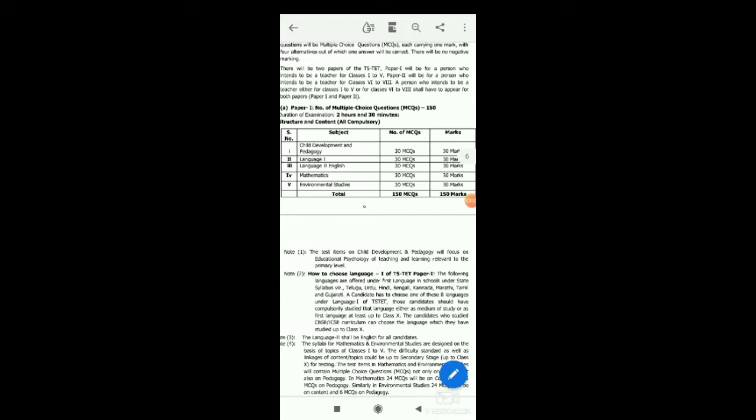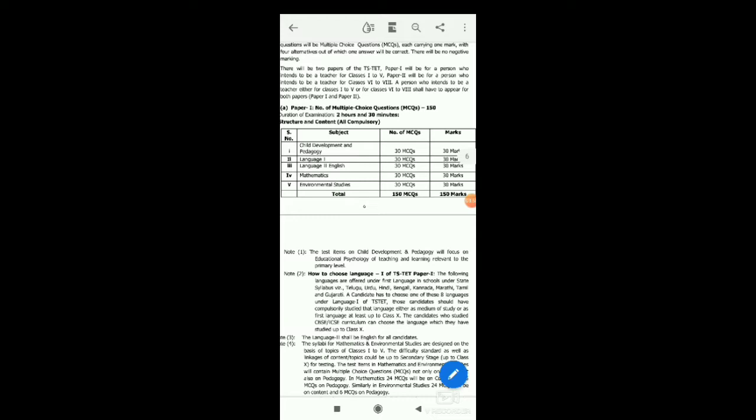Whatever language you selected in your 10th class, your mother tongue as the first language, that you need to select as language 1. And language 2 is obviously English, the fourth one is mathematics and the fifth one is environmental studies.